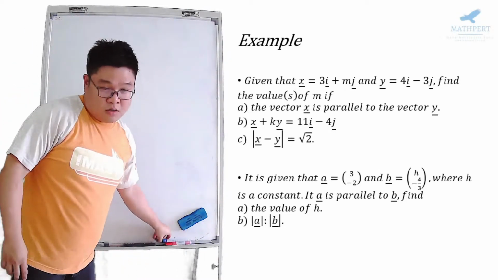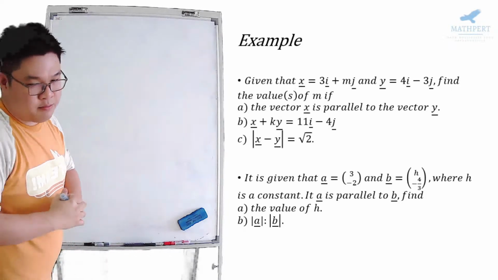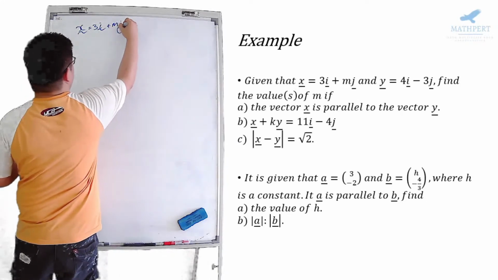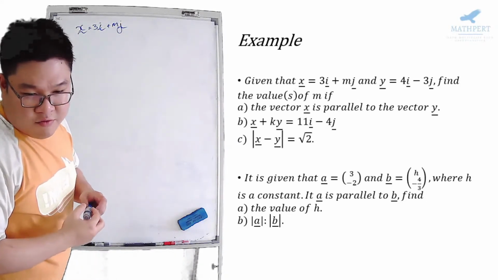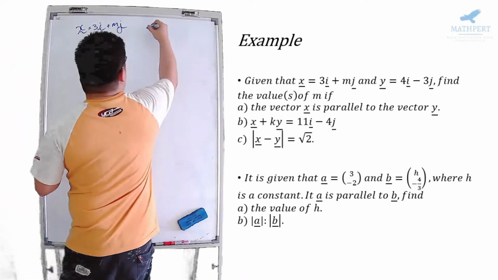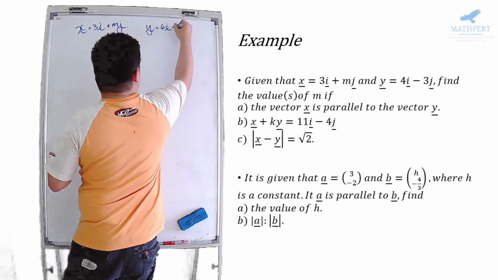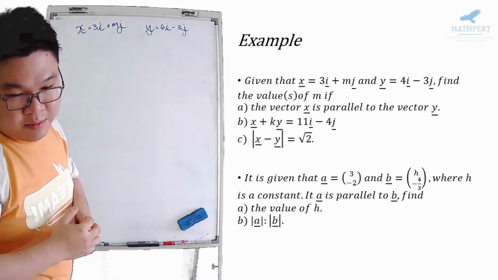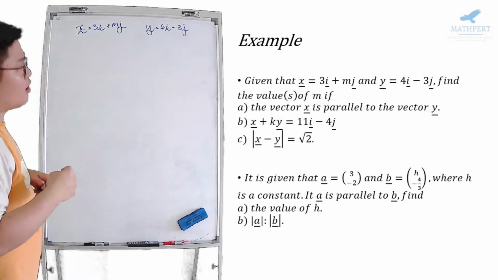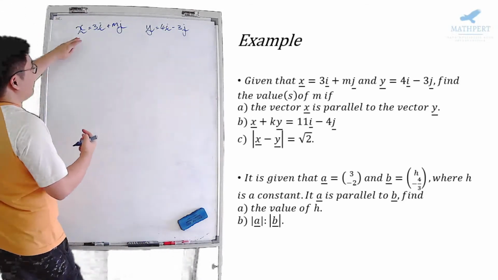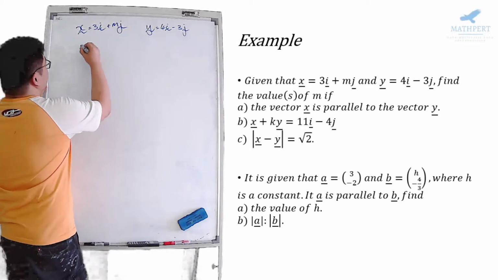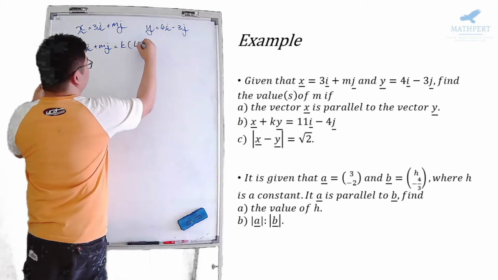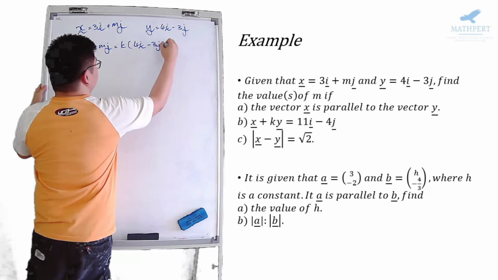Alright, so given that x is equal to 3i plus mj, y equals to 4i minus 3j. Find the value of m if the vector x is parallel to the vector y. So vector x parallel to vector y means that 3i plus mj is equal to k multiplied by (4i minus 3j).